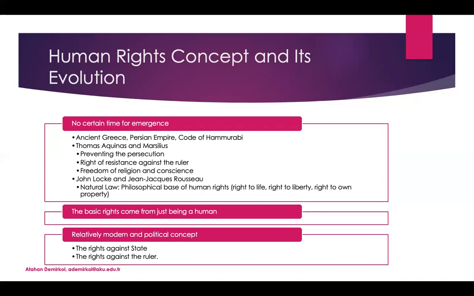And when we come closer, we see John Locke and Jean-Jacques Rousseau because of their natural law concept. It's the philosophical base of human rights because it basically explains that there are some laws that are natural. We have those natural laws, they are just out there. We can find them. We are not inventing these rules, we are just finding them.